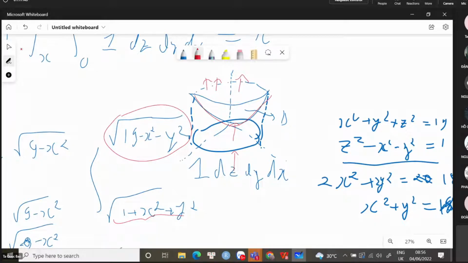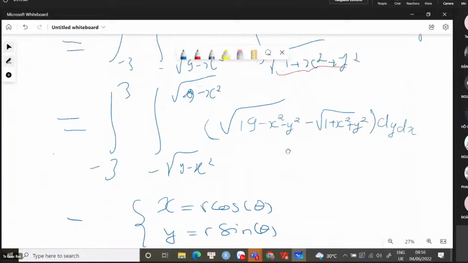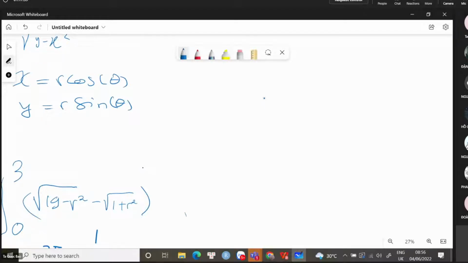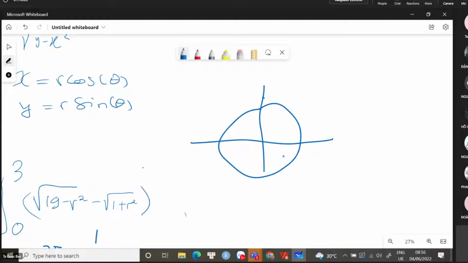Okay. Now, look at here. Theta here and r here, because we consider the whole circle.